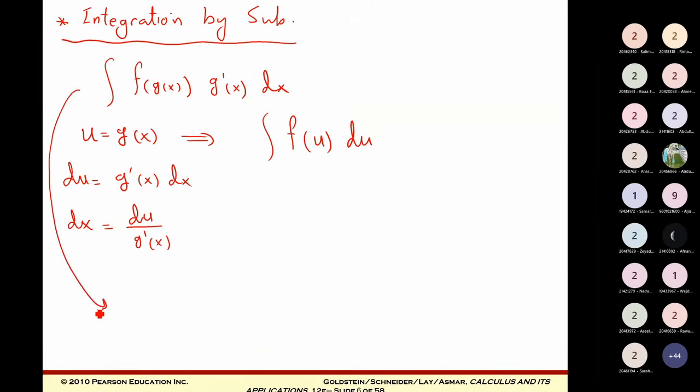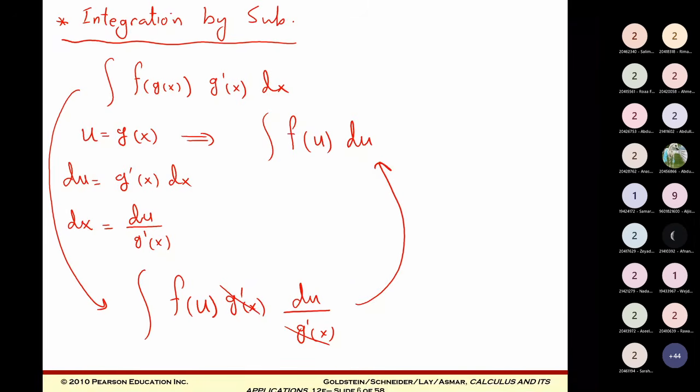So after substituting, we must substitute two things. The u equals g, so replace g with u, and replace dx with du over g prime. We have g prime, so we can cancel g prime with g prime, and we have this integration.